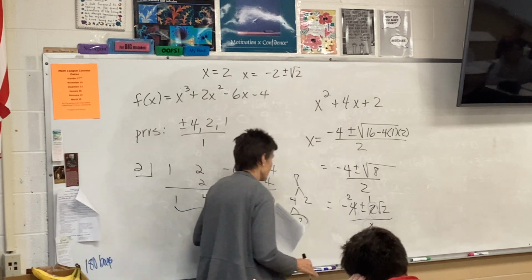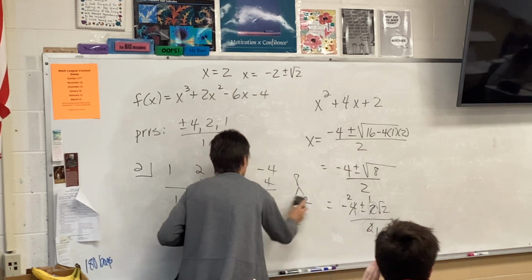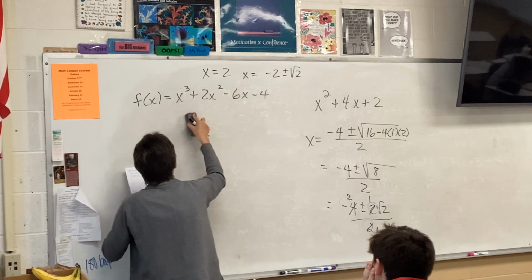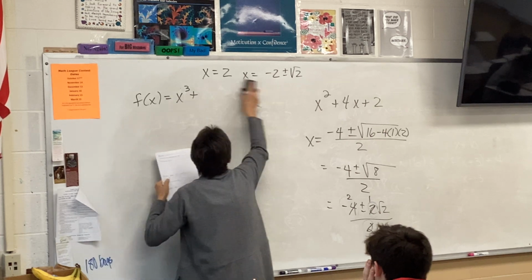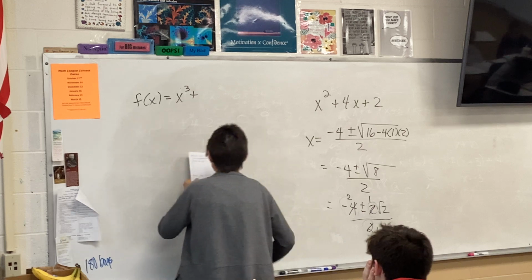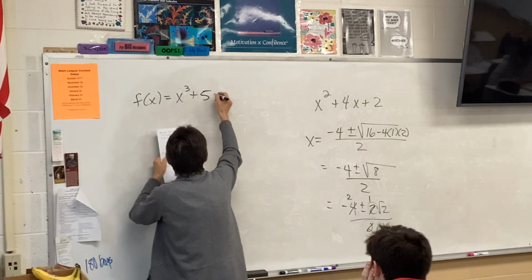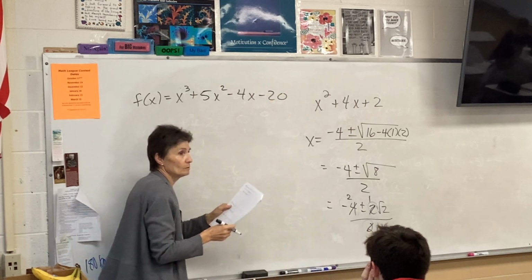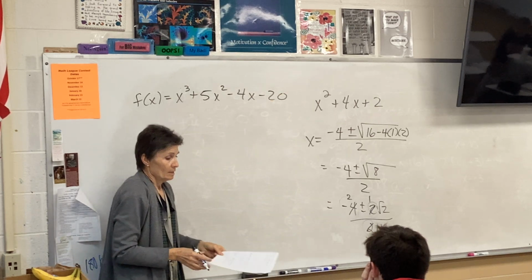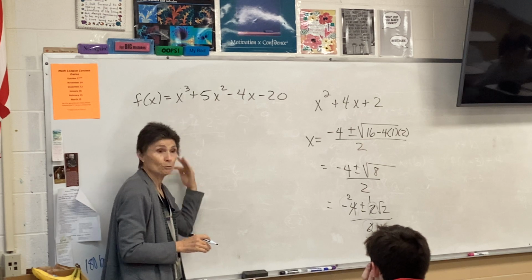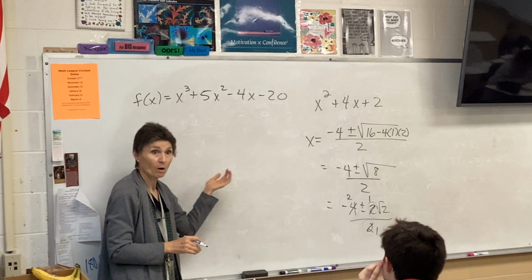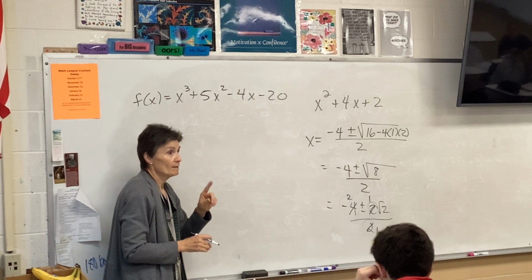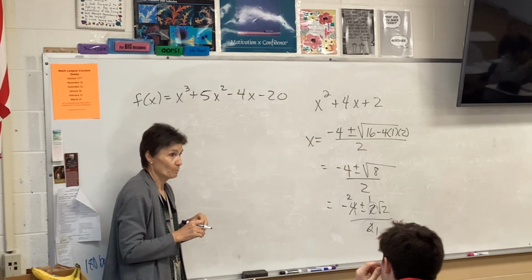Okay, number 6, factor and sketch. This looks a lot like the problem we just did. Do I know any of my factors? No, I don't know anything. Could I do PRRs and do all that? Yeah, but I could also factor by grouping.